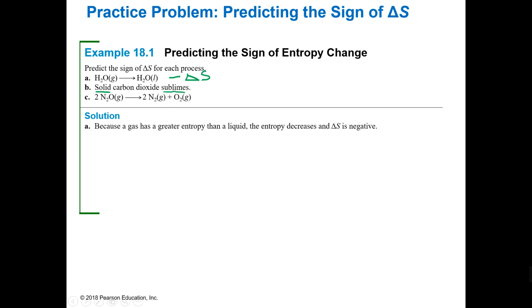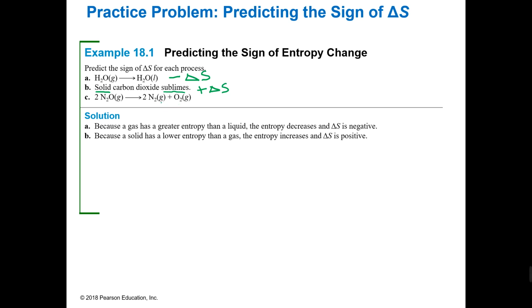If you remember, solid subliming means it's going right from a solid to a gas, bypassing the liquid phase. When we go from a solid to a gas, entropy or chaos is increasing, and that will give us a positive delta S.